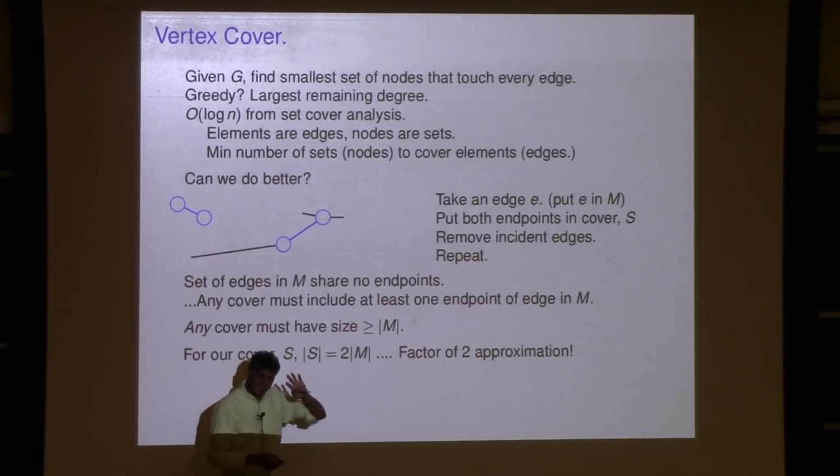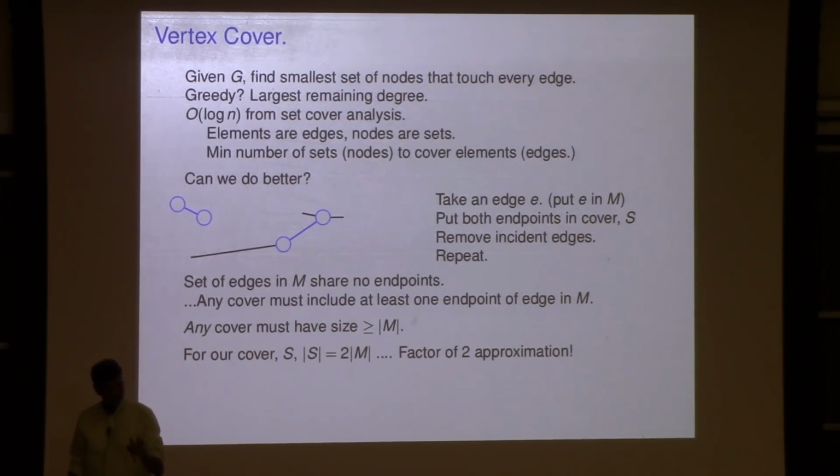And this happens over and over again. We're using the notion of the structure of optimal. What does optimal have to do? In the set cover example, optimal had to cover all the elements, so there must be one set that covers a lot of them. In this one, optimal had to cover all these edges, and I can find a solution that's only twice the cost of these edges. What did the TSP tour do? It connected all the cities.